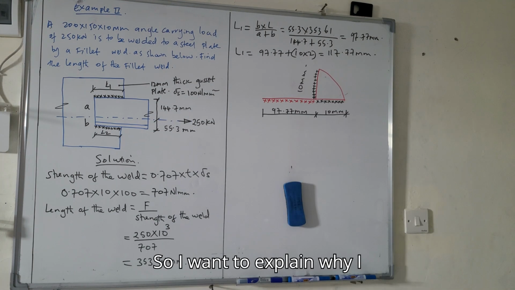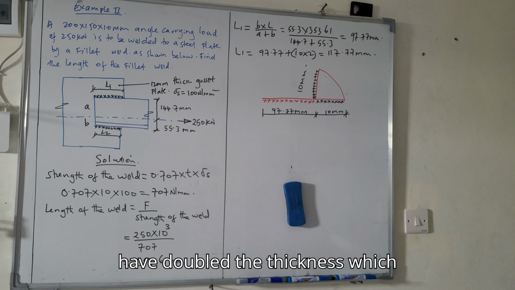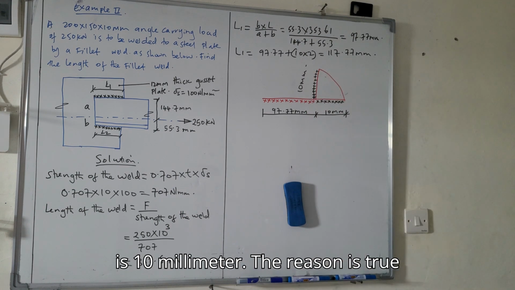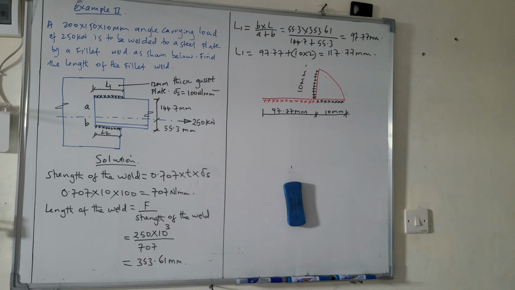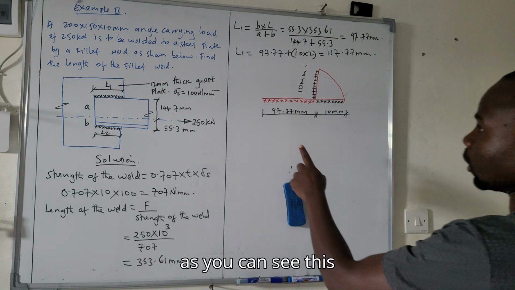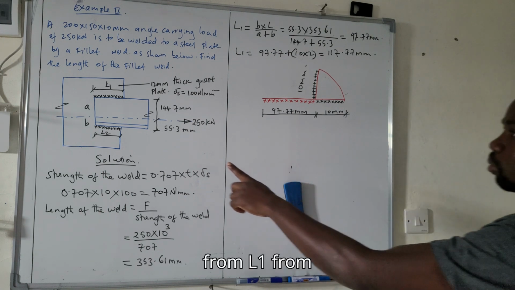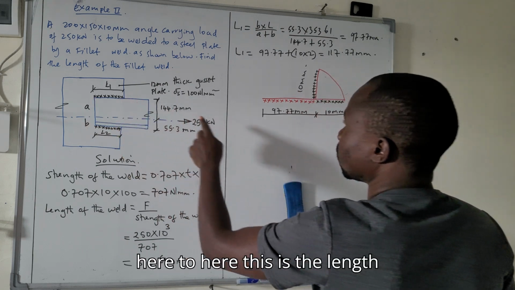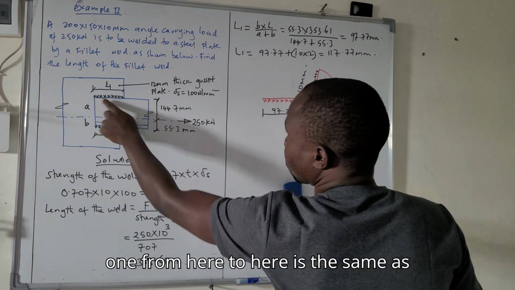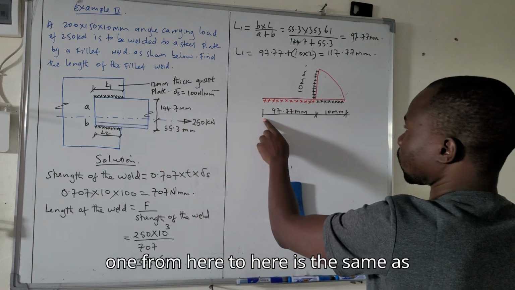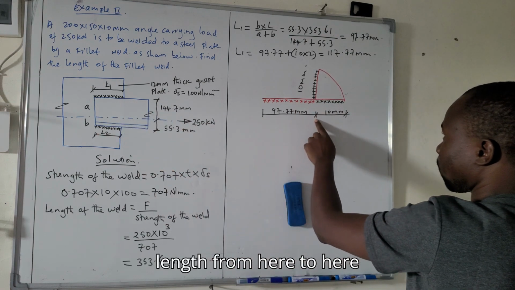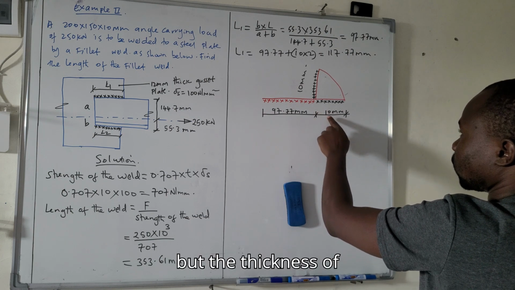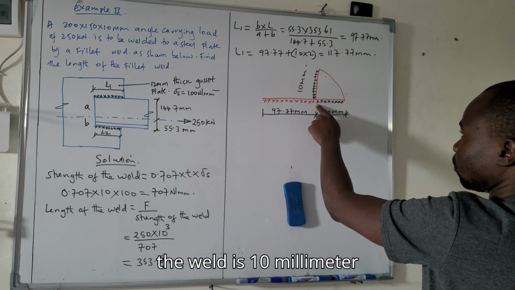So I want to explain why I have doubled the thickness, which is 10 millimeter. The reason is, as you can see, from here to here is the length, and from here to here is the same length, but the thickness of the weld is 10 millimeter.